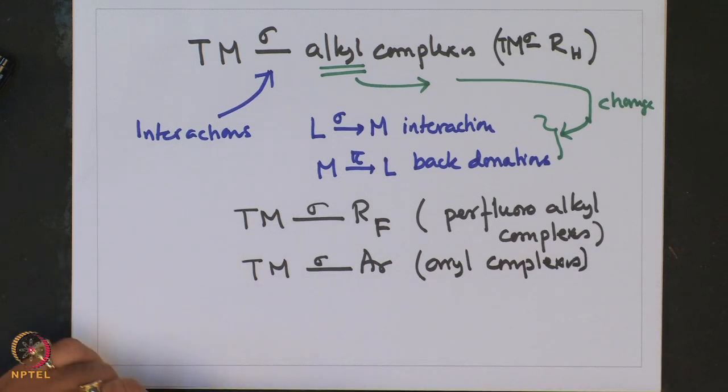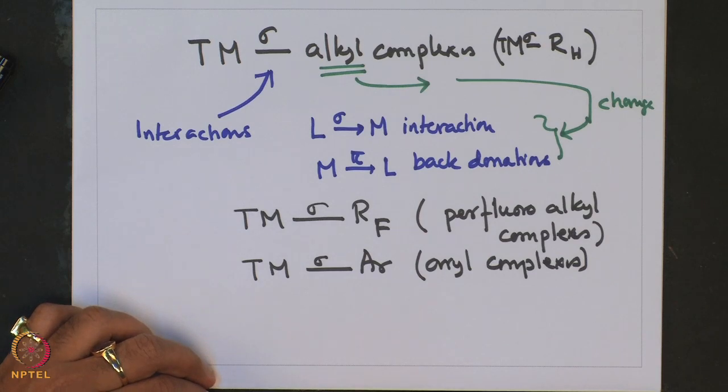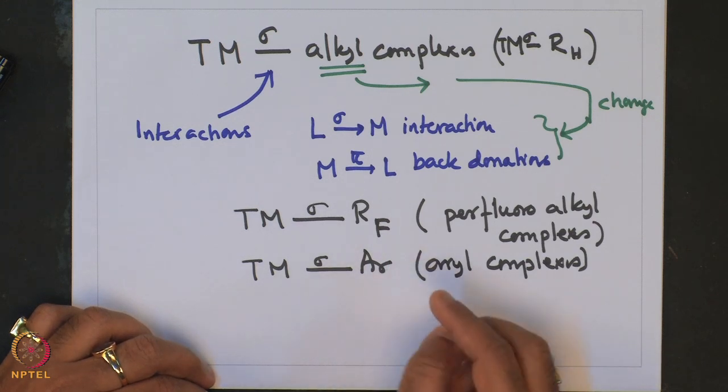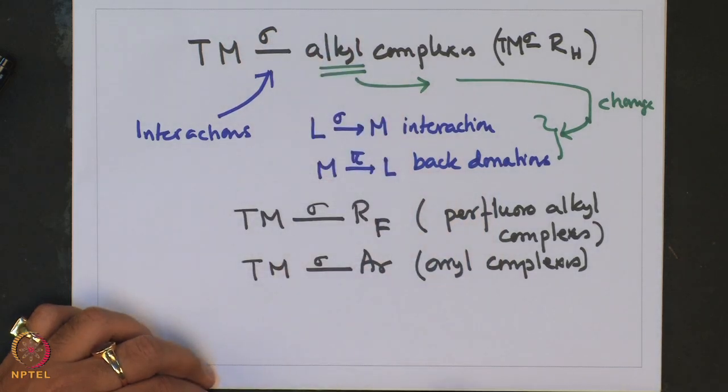And what we have seen is that the extent of ligand to metal sigma donation or metal to ligand pi back donation varies in all of these types of organometallic complexes.